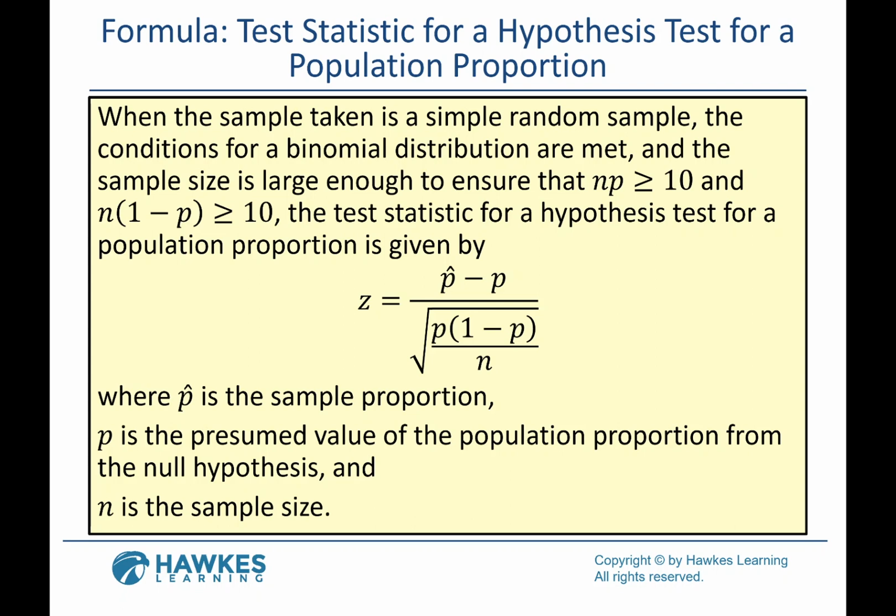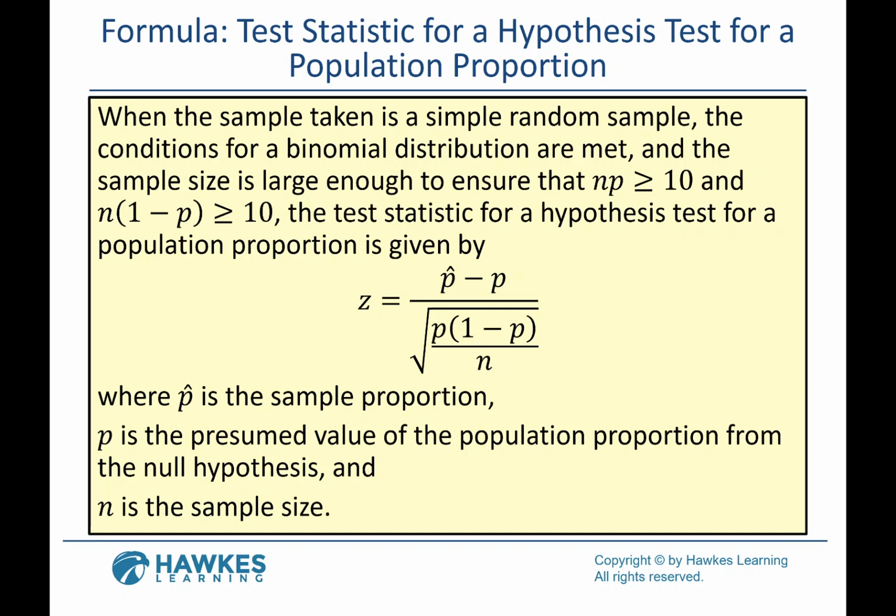And we've got the conditions up here. n times p needs to be at least 10. n times 1 minus p needs to be at least 10. I'm not going to try and trick you on that. We're not going to bother with checking it on these, but that is a requirement for us to use a z. If you don't have these conditions, there are other formulas we can use. You can actually use the binomial distribution if you want to test for a proportion. We're not getting into that.